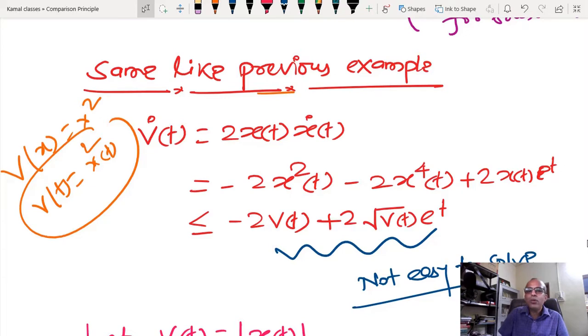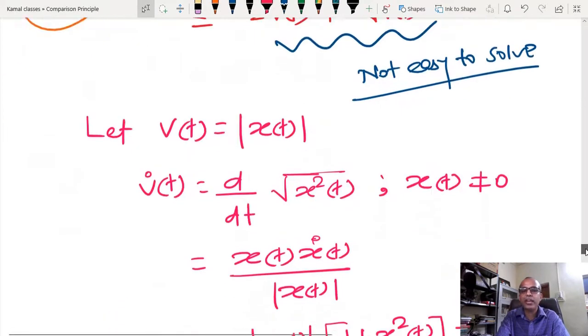So whatever comparison system I get, I do not get any advantage here, because again I have 2vt plus 2 square root of vt. Again this is a nonlinear equation. In the previous example, after doing the nonlinear coordinate transformation, I had a linear equation. Most of the time people try to find a linear equation, because solving a linear equation is very easy. Due to that reason, this choice of coordinate transformation is not accurate.